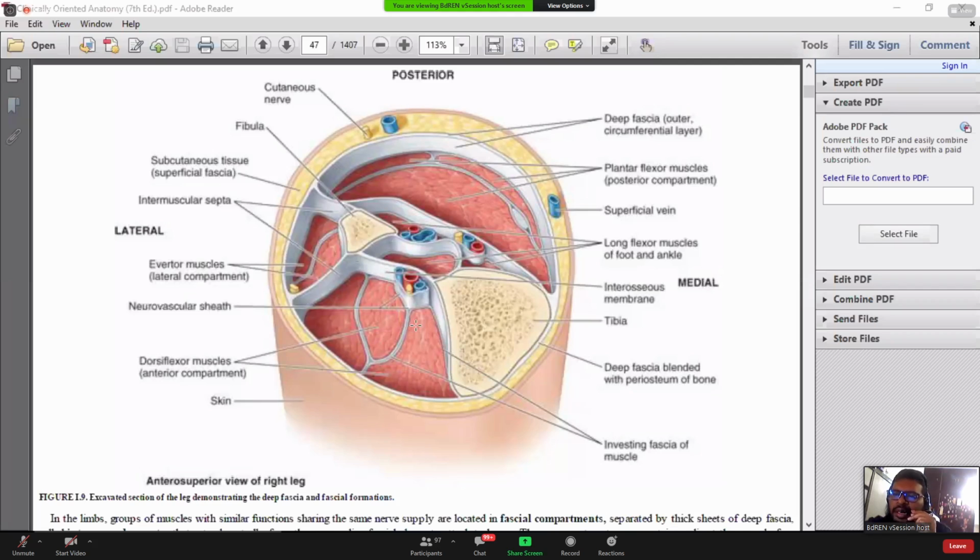And you can see these compartments are very distinctly separated from each other by an extension of the deep fascia that is called the intermuscular septum. And you know from your knowledge of the superior extremity that these intermuscular septa are modifications of the deep fascia. That is why I told you this is inferable.